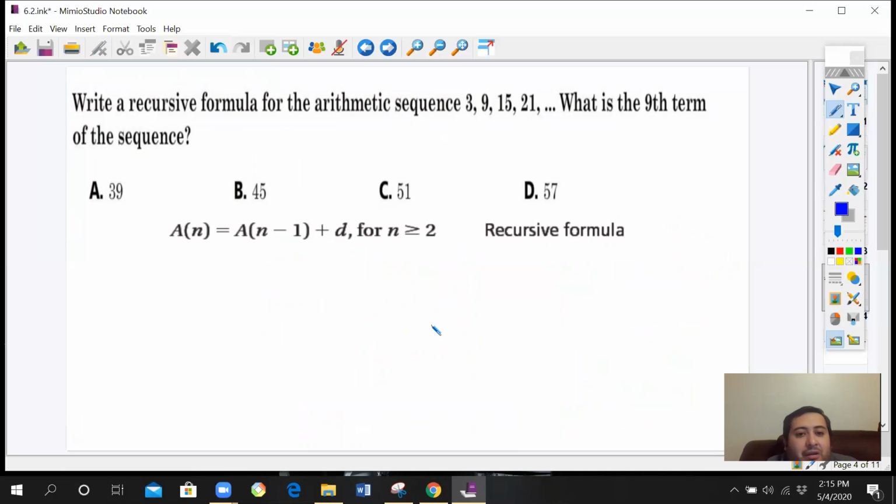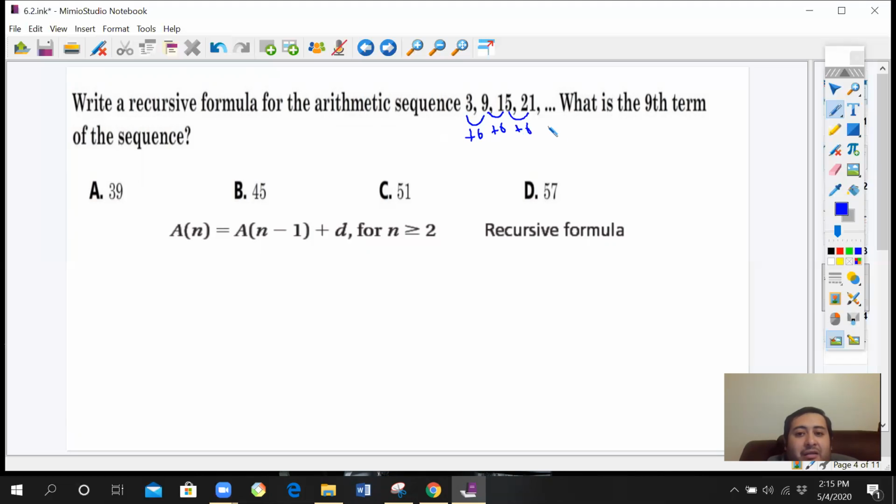Here we have the same concept. Write a recursive formula for the arithmetic sequence. What is the ninth term of the sequence? So we notice that from here to here, they're adding 6. From here to here, they're adding 6 and adding 6.